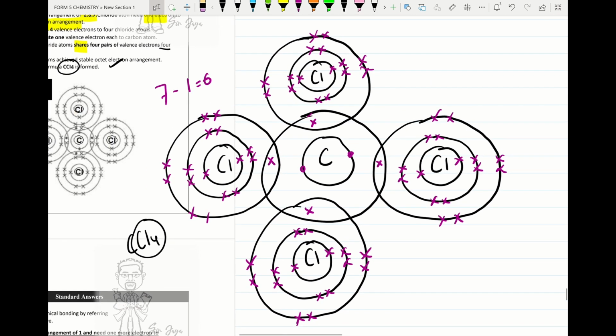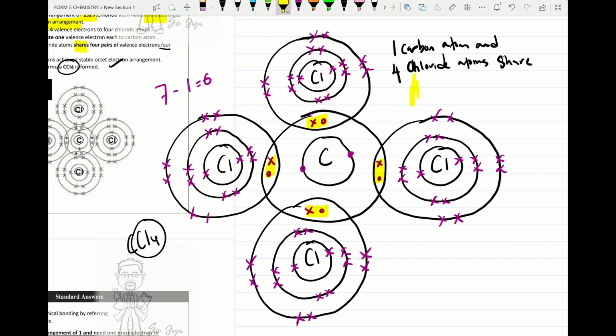Alright, now please remember when chlorine contributes 1 electron for sharing, carbon also will contribute 1 electron for sharing. So here carbon will contribute 1 electron for sharing, again 1 electron for sharing, and again 1 electron for sharing. So please remember 1 carbon atom and 4 chlorine atoms share how many pairs? 1, 2, 3, 4.